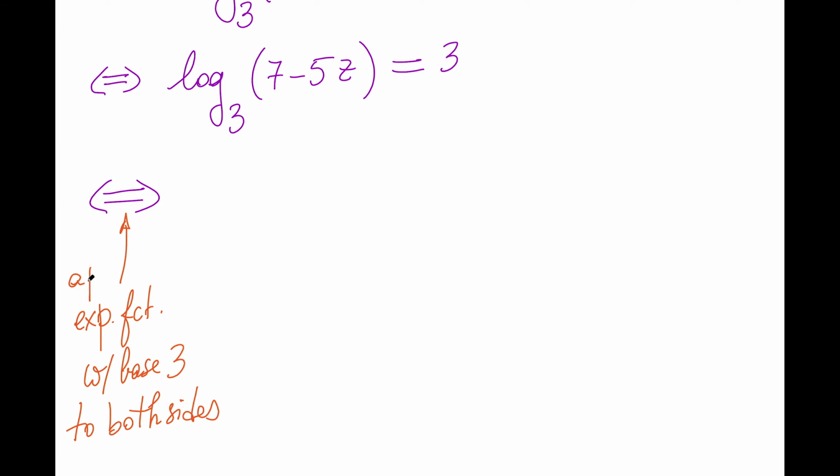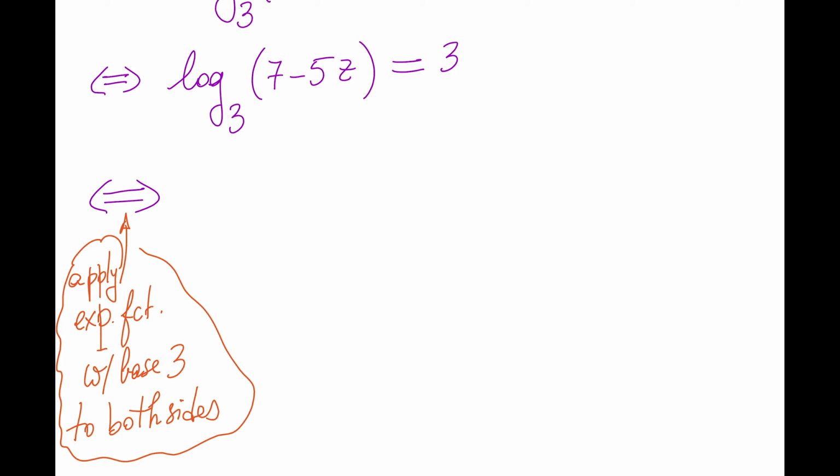Correct? I'm going to apply this. In other words, just apply asterisk with this being x and this being y. x equals y is the same thing as a to power x is equal to a to power y, where a is chosen to be positive and different than 1 of your choice, and the a I'm going to choose is 3 to undo the action of log base 3, right?